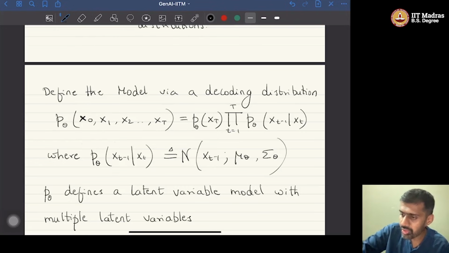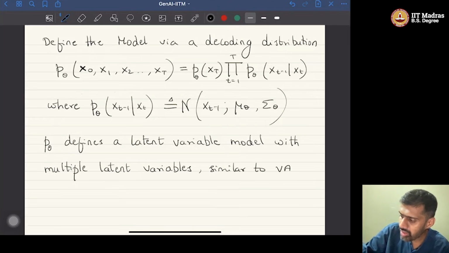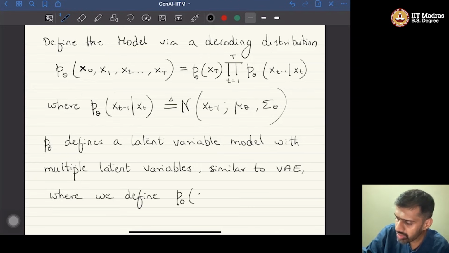Multiple latent variables. Why is this? It's very simple to see, because this is similar to a VAE, where we define p theta of x comma z.